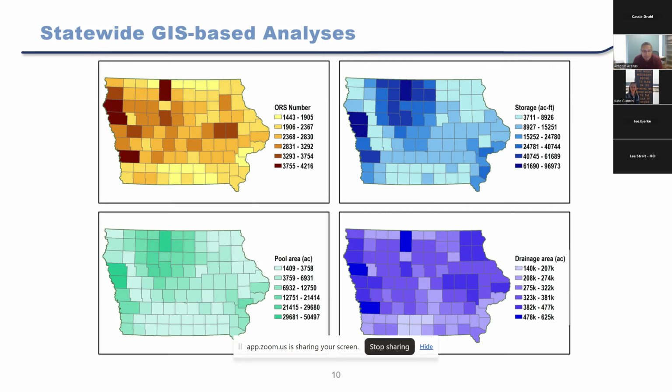So this information is perhaps not that useful for someone interested in deciding whether or not to implement an on-road structure at a particular location. It's more for planning purposes, or for someone who wants to take a view of how this particular practice can be implemented in different counties across the state. But that's basically what I want to say about the statewide GIS-based analysis.